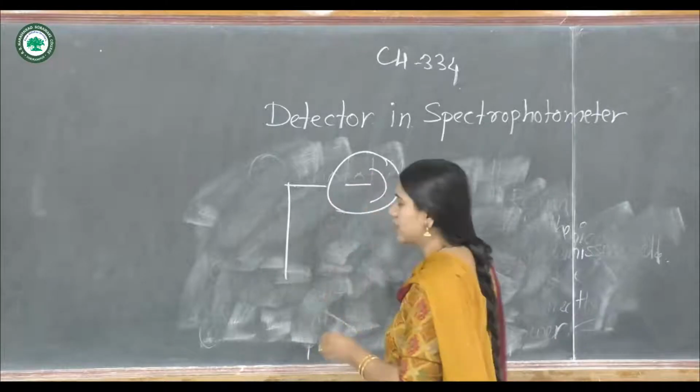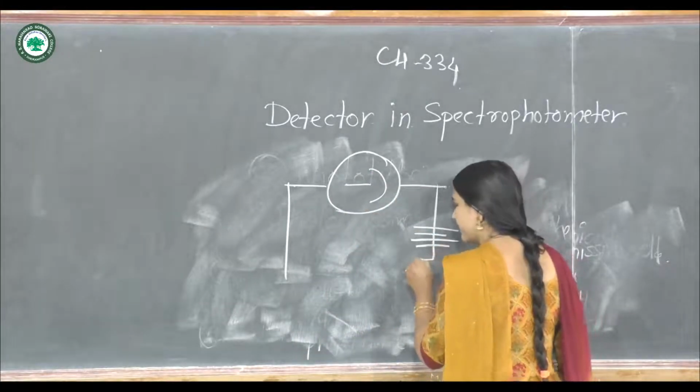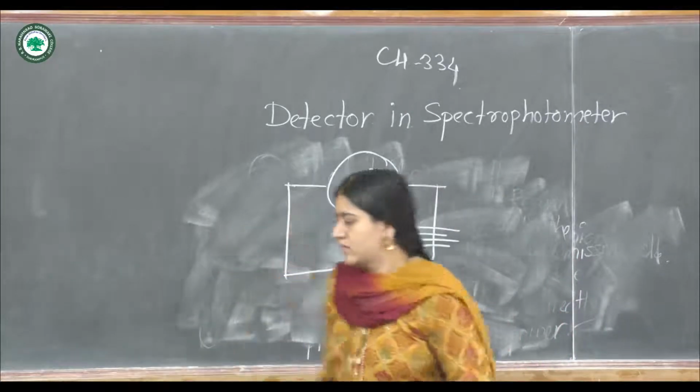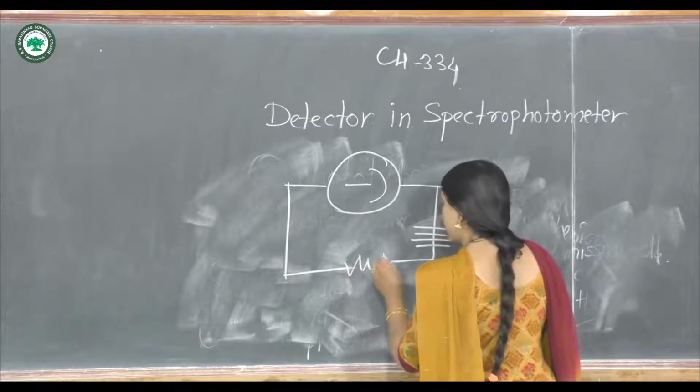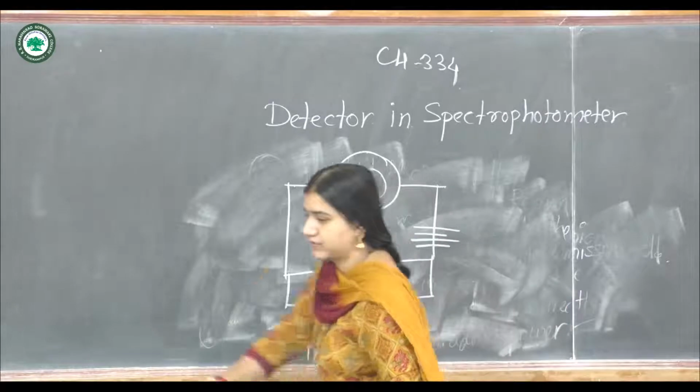It is further connected to the DC supply, which is further connected to the resistance and the amplifier.